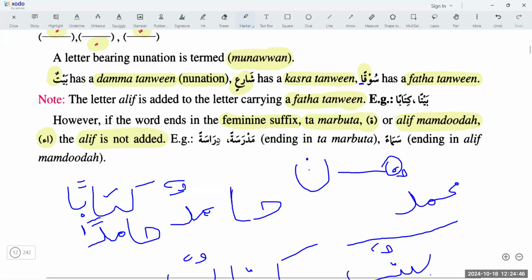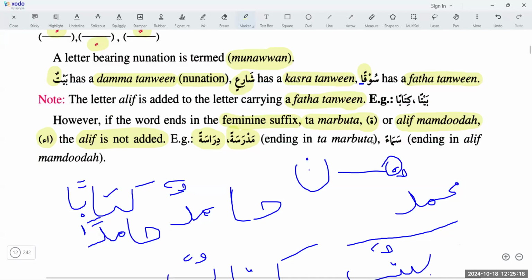Like dirasatun, dirasatan. It is in the mansub case, so it is dirasatan. Dirasatan means study. It is taking double fatha, but we don't add an extra alif. Madrasatan, it is taking double fatha tanween, but we don't add an extra alif.